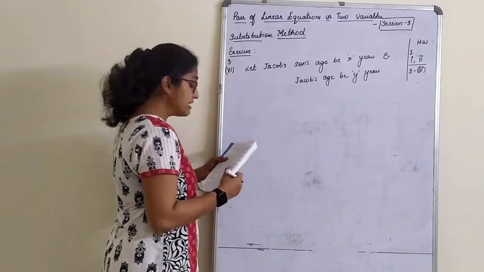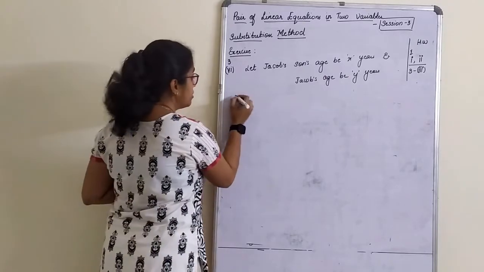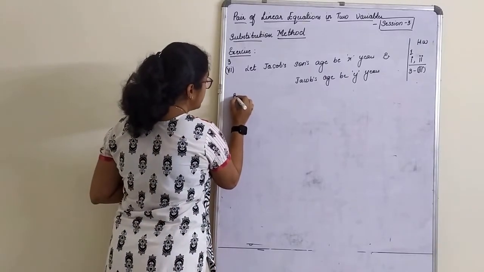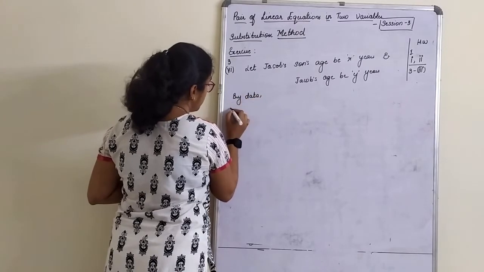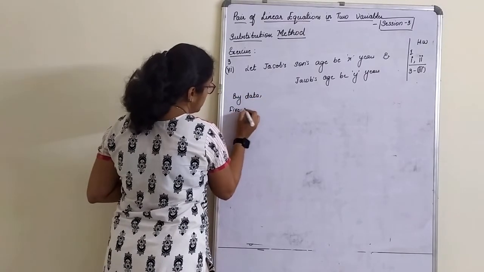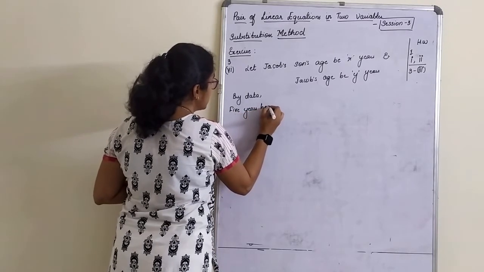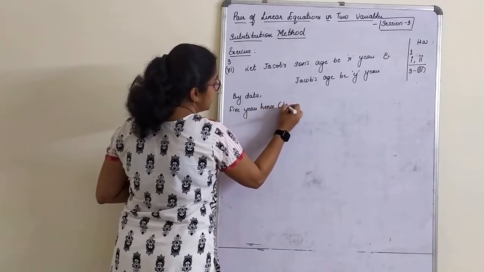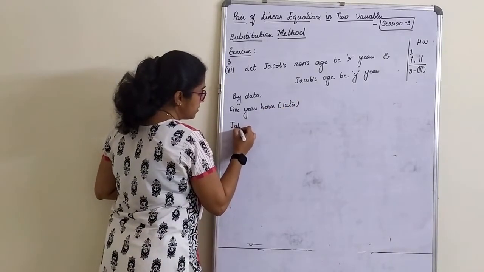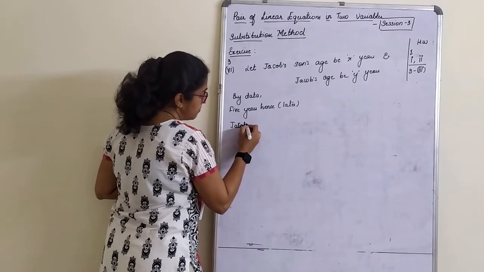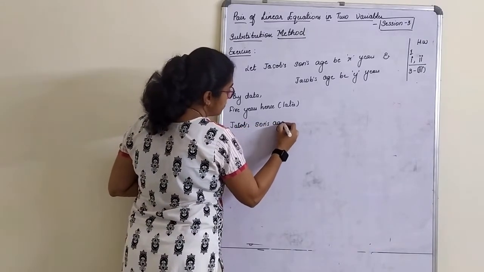5 years hence is nothing but afterwards, later. So what will be Jacob's son's age?